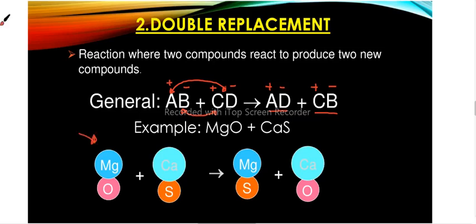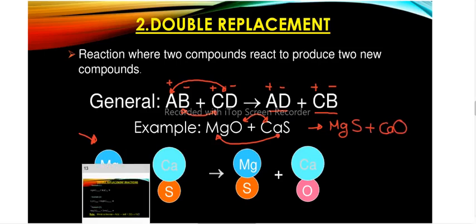So here I have MgO plus calcium sulfide. Magnesium will react with the sulfur. The calcium will react with the oxygen. And this forms MgS, which is magnesium sulfide, plus calcium oxide, taking into consideration the chemical formulas and the oxidation states.